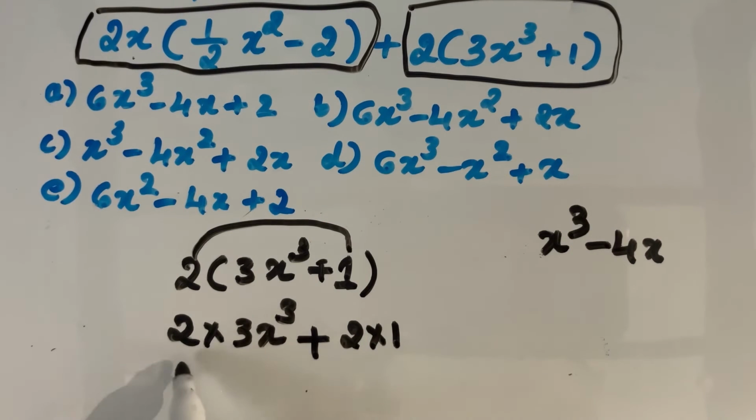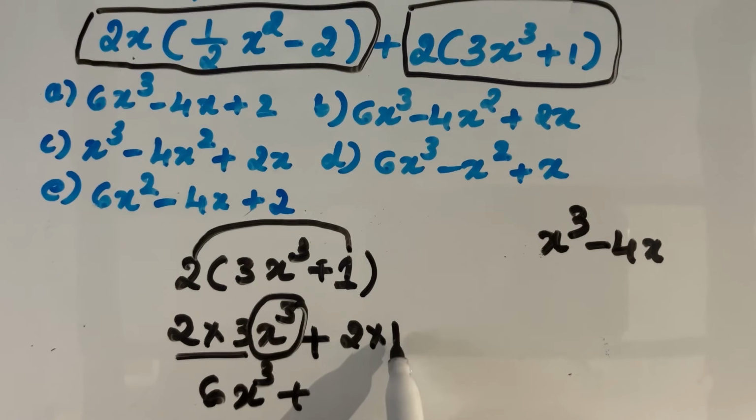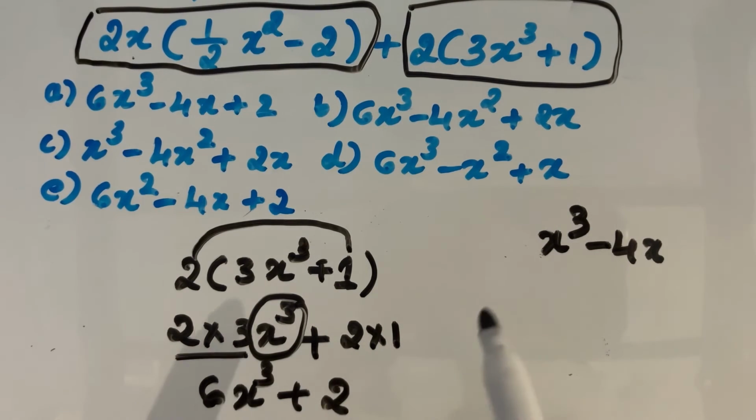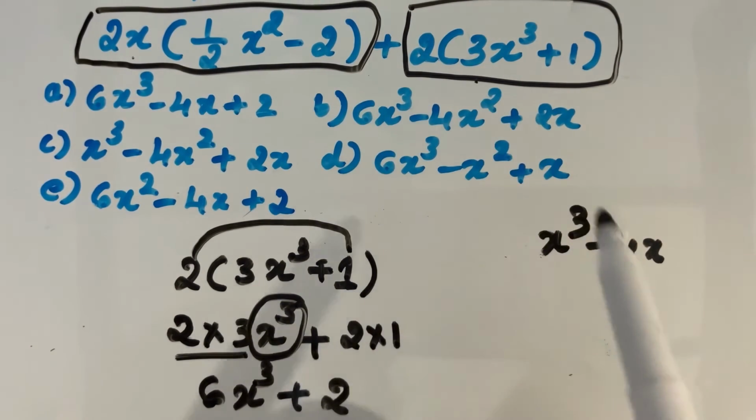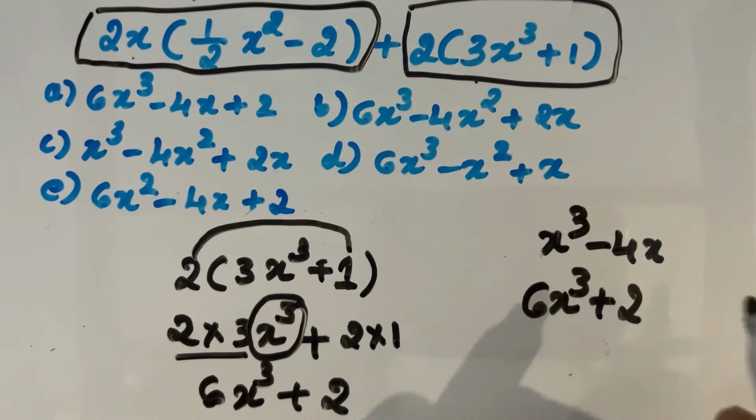Now what is 2 times 3? 2 times 3 is 6. And we have only x cube here. Plus 2 times 1 is 2. So for the second part we got 6x cube plus 2.